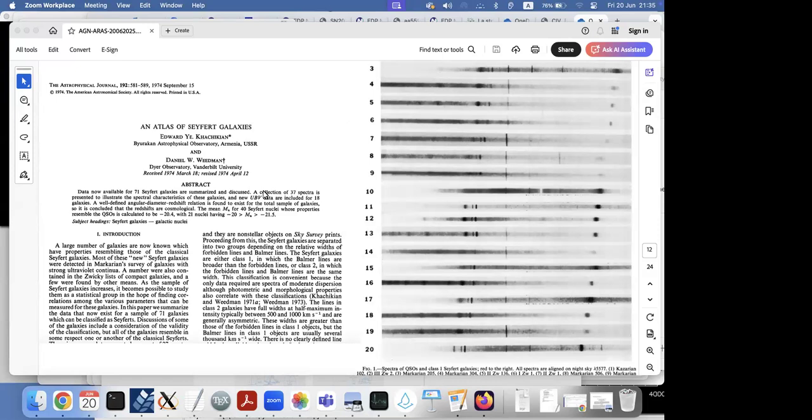So it was pretty much thought already, as soon as this paper had been published, that you could distinguish two classes.